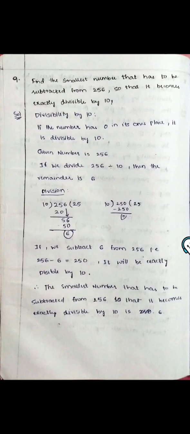So if we do this another way, if we divide 256 by 10, the remainder will be 6. Since they are asking us to subtract, we remove that 6.